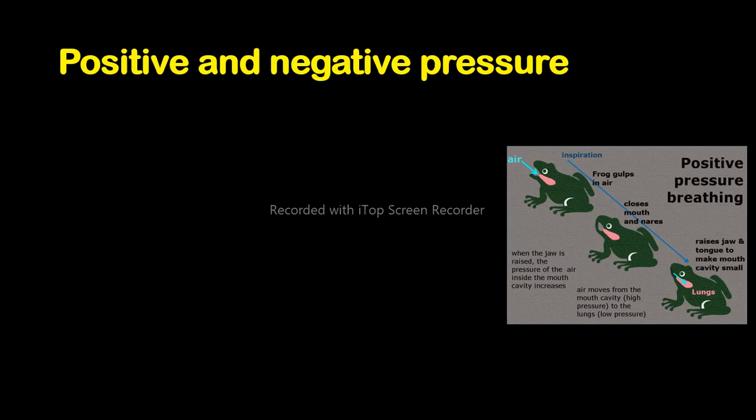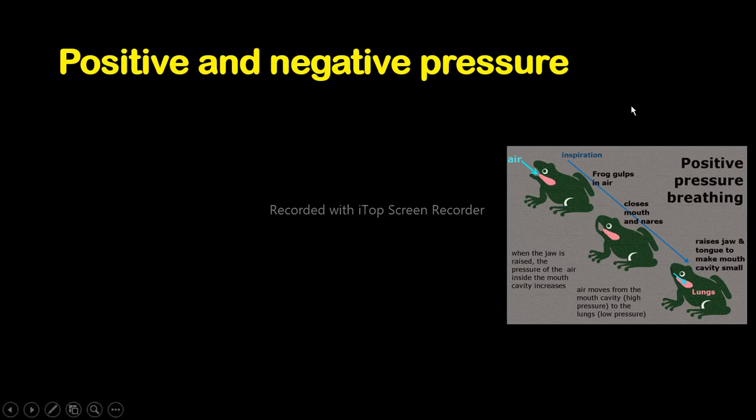At a certain point the pressure inside their body is higher than the atmospheric pressure, but still air moves against that. So that's what we call negative pressure or positive pressure. It is this concept of positive or negative pressure that moves these respiratory gases from one region to another.